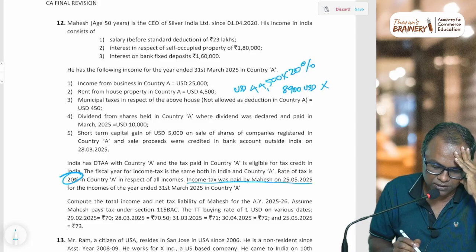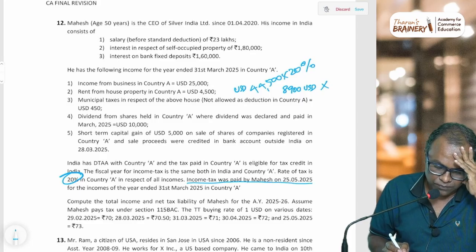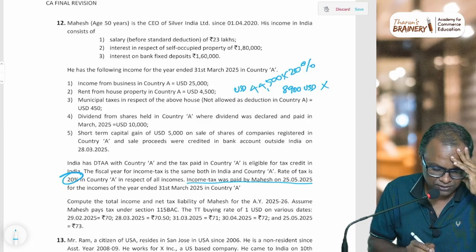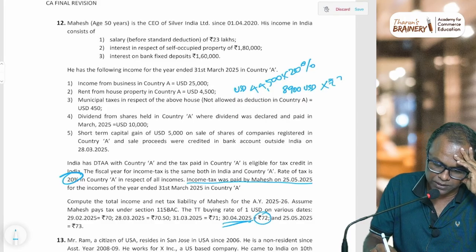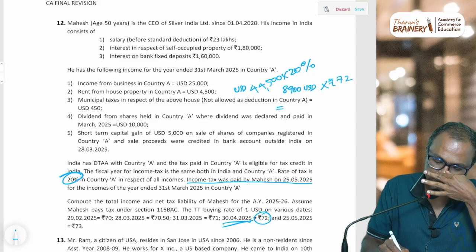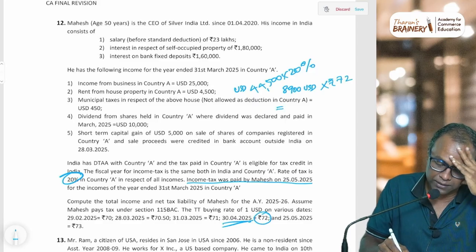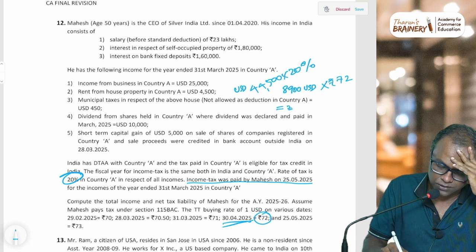So which date should we consider? 25th May, right? So 30th April. What is the exchange rate given in the question? 72, into rupees 72. For relief purposes, we need this. So what is the tax paid in foreign country in equivalent Indian rupees, how much? 6 lakh 4,800.